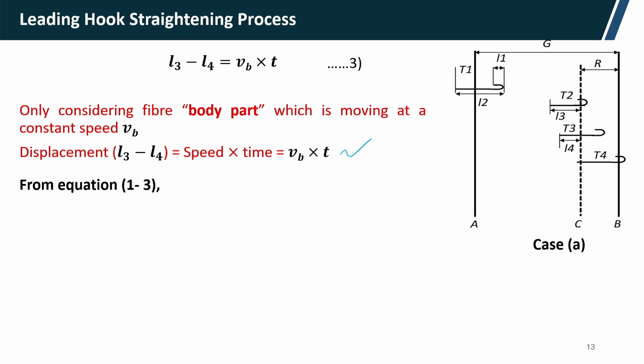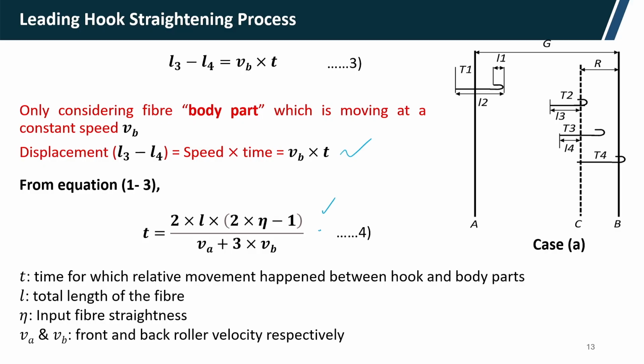From equations 1 to 3, what do we get? After replacing, we get T equal to 2 L multiplied by (2 eta minus 1) divided by (V A plus 3 V B). So, from equations 1 to 3 we get time in terms of velocity, fiber length and the fiber straightening.